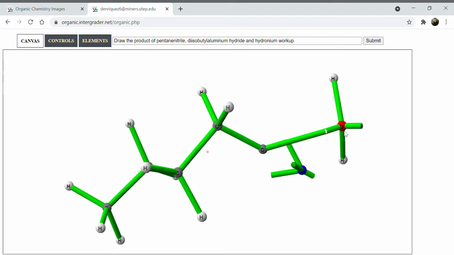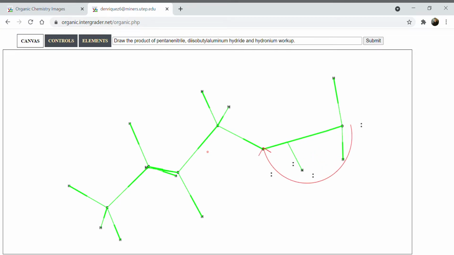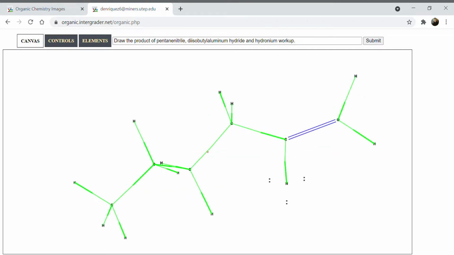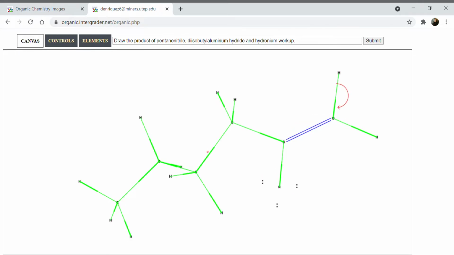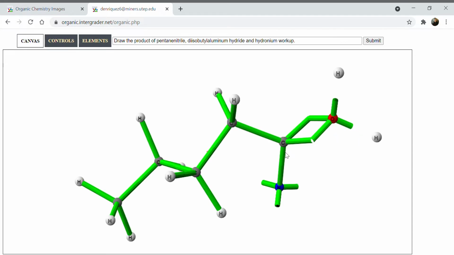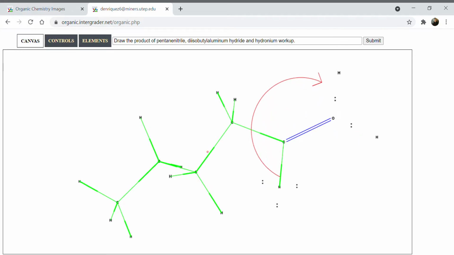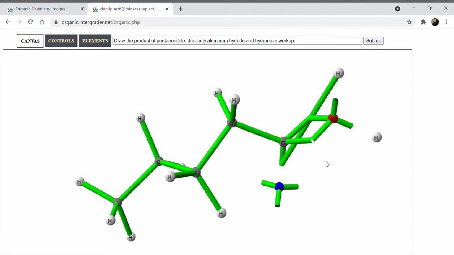I know it's going to be double bonded, so I'll go ahead and bond that now. And it was just single oxygen. And then I'll go ahead and take this bond and grab the hydrogen. Hit arrange. I'm going to delete everything else on the canvas.